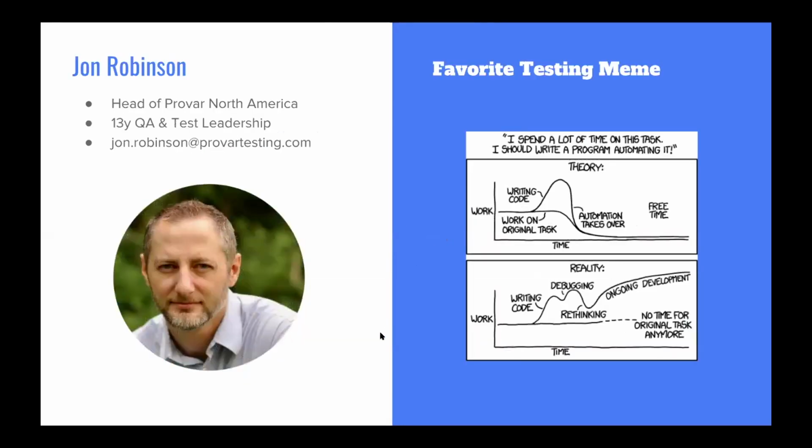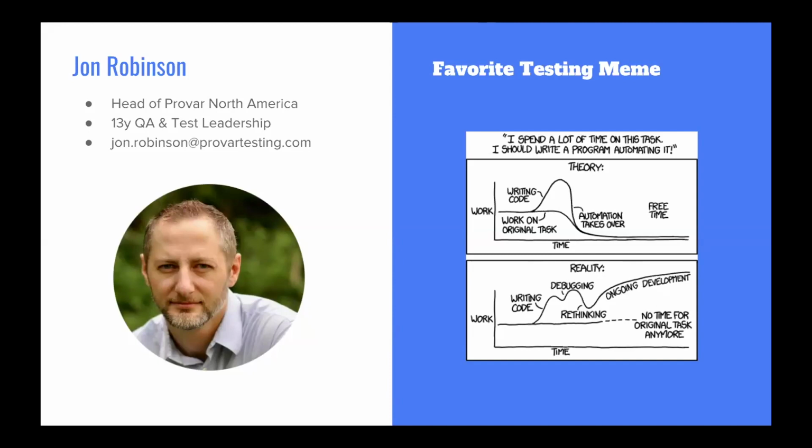Hi, again, my name is John Robinson, and I'm the head of North America for Provar. I have a wide and varied career in terms of organizations and roles within those organizations, primarily in the QA and automation space, and have been doing this for a long time.